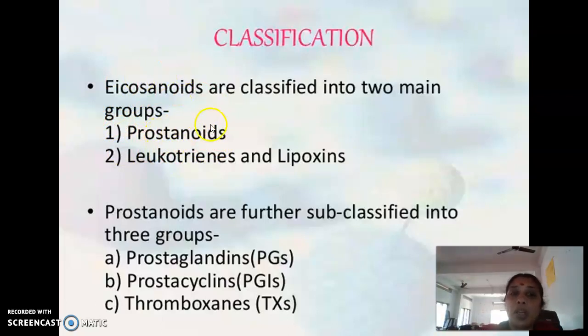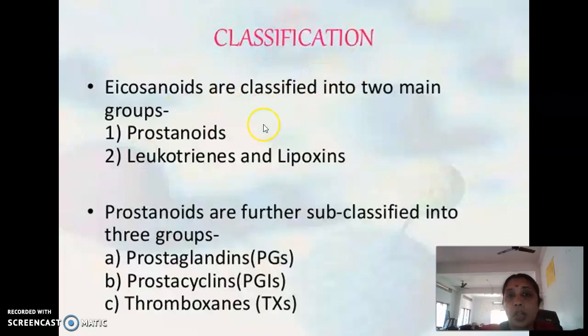So we can broadly classify the eicosanoids into 2 different classes: prostanoids, and leukotrienes and lipoxins. Prostanoids can be further divided into 3 categories: prostaglandins, prostacyclins, and thromboxanes. So this is the first class of eicosanoid, and this is the second class of eicosanoids. These 5 classes of eicosanoids are synthesized from arachidonic acid.